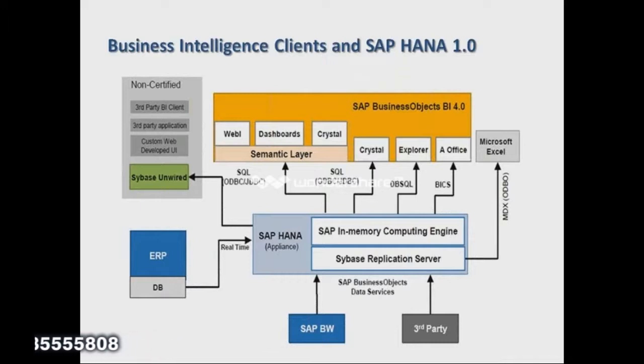Whatever data is required, we can pass it to HANA, and on top of the data we can develop detailed or real-time reports using Crystal, Explorer or Office. We can also supply this data back to Sybase Unwired, and if you want to use any other applications, you can use them here. So this is the overview of the HANA architecture.